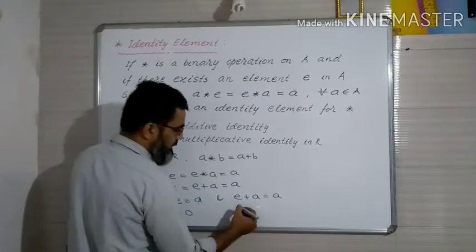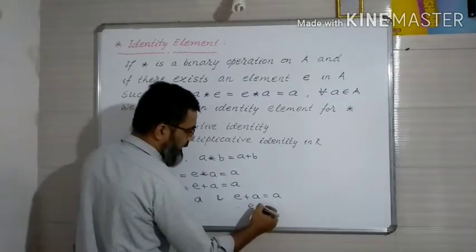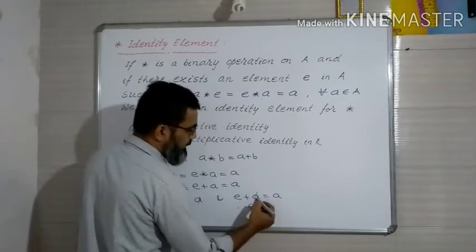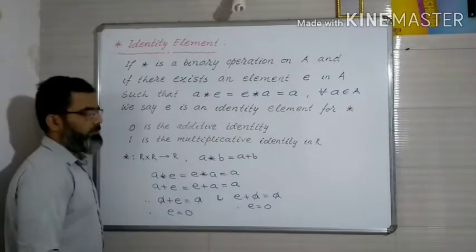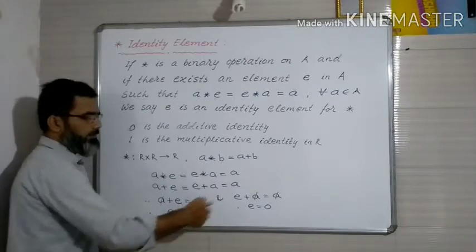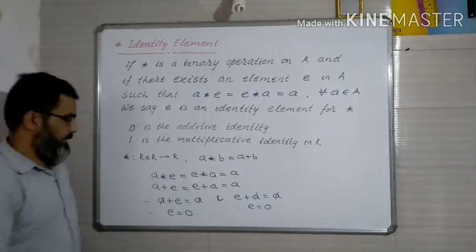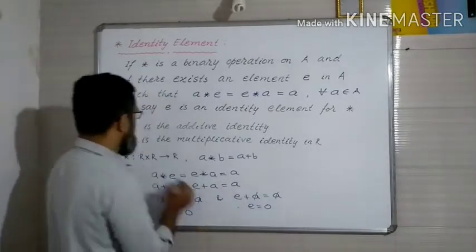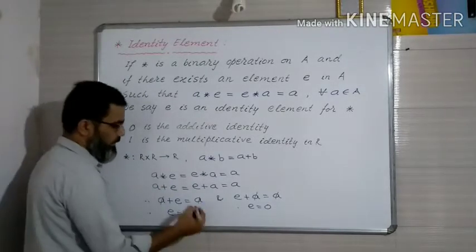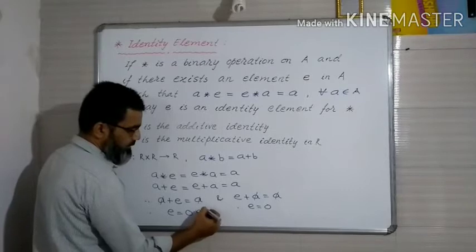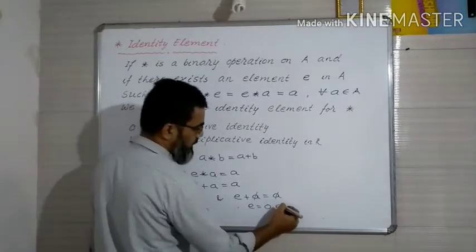From this result, I also can get e equal to 0 by cancelling this element A. So यहाँ पे दोनों जगह से e equal to 0 मिलता है. अब ये देखना है कि 0 है वो जिस सेट पर बाइनरी ऑपरेशन डिफाइंड है वो सेट R में है कि नहीं. It is in set R, belongs to R.